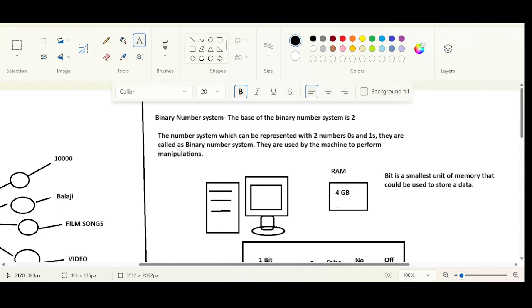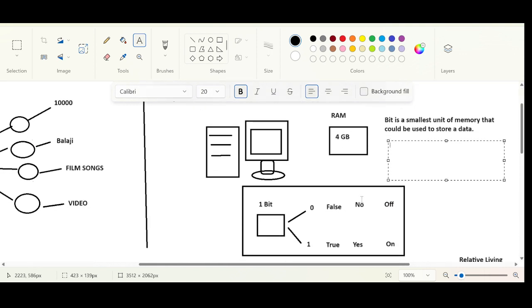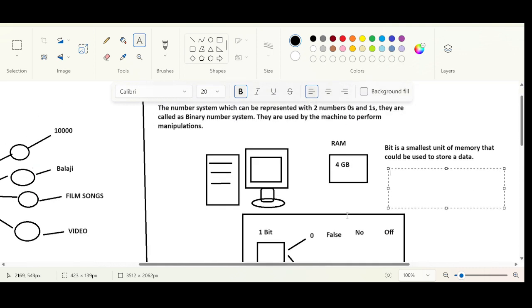When someone is talking about memory, I blindly tell them that they are talking about the binary number system, because internally memory is converted to the binary number system. From a memory point of view, you're talking about the binary number system. So this is a basic introduction to the bit and the binary number system.